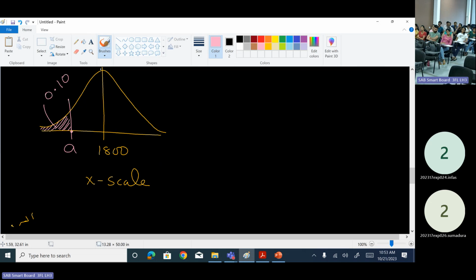How can we write this? Probability of X less than A equals 0.1. So three steps: draw the scale sketch, locate the point, and whatever the area highlighted, write it down in mathematical form.